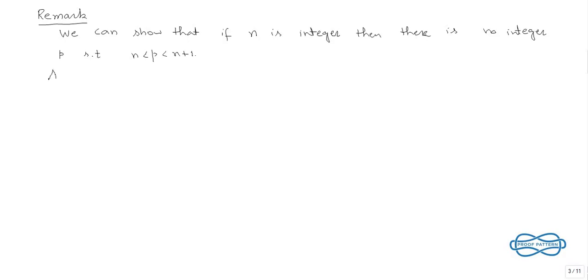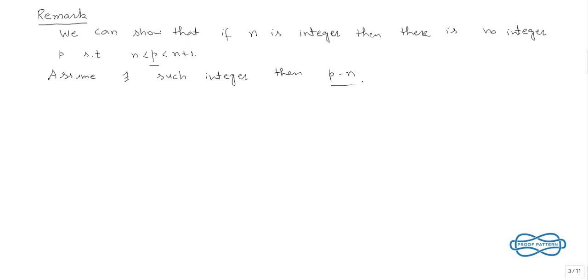We assume that there exists such an integer, then p minus n, because p is greater than n, so p minus n will be positive.